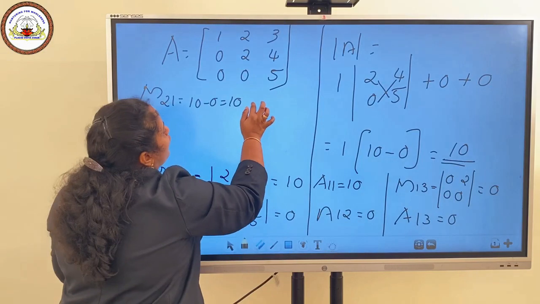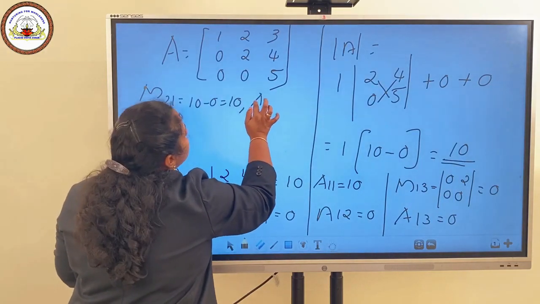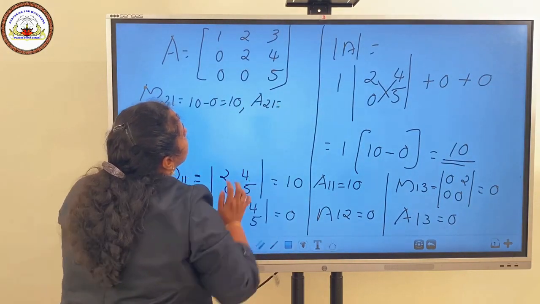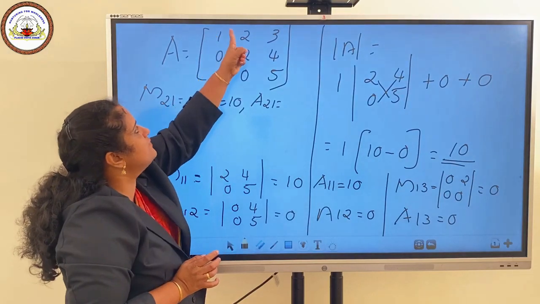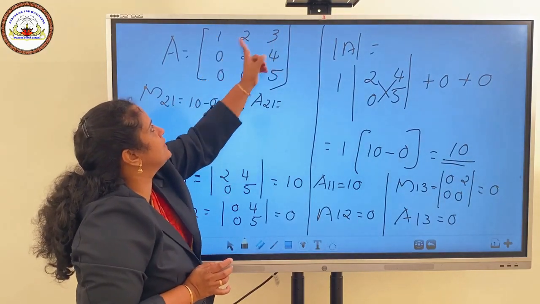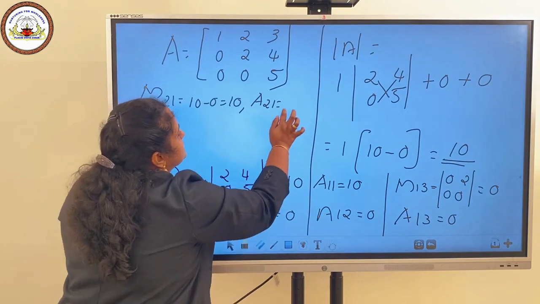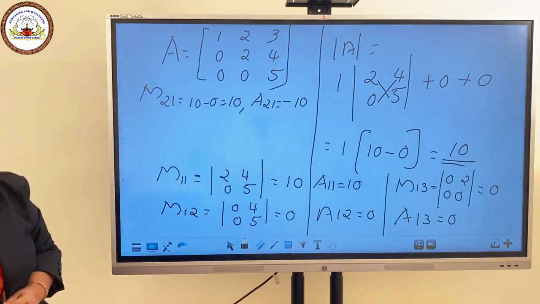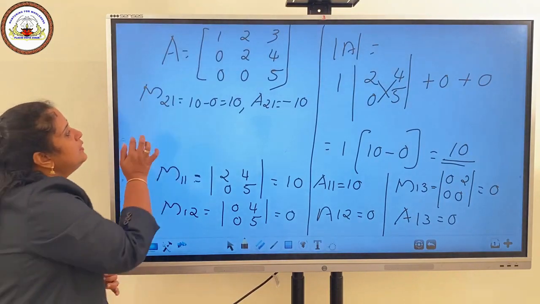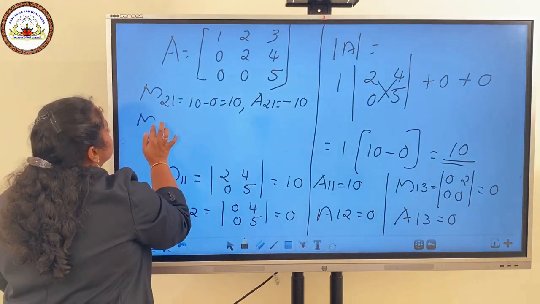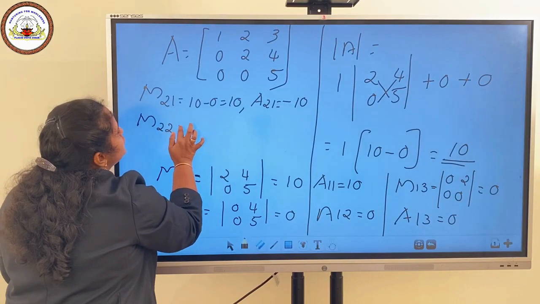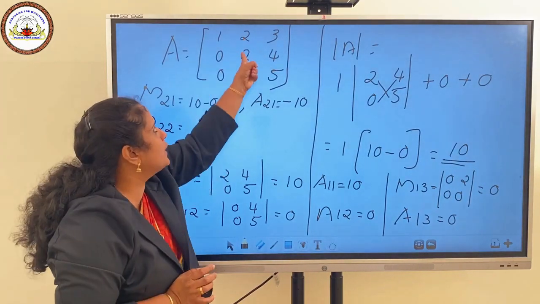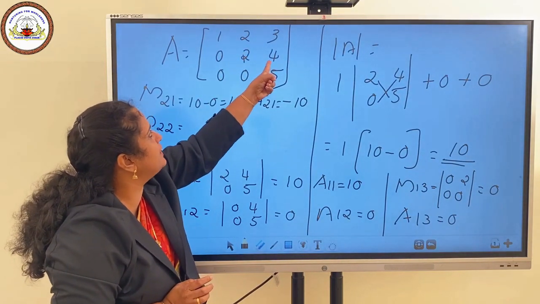Then we can find the cofactor, that is A21 is equal to, positive, negative, positive. This is also negative. That means the answer is minus 10. Then we can find M22. The corresponding rows and columns you should eliminate.